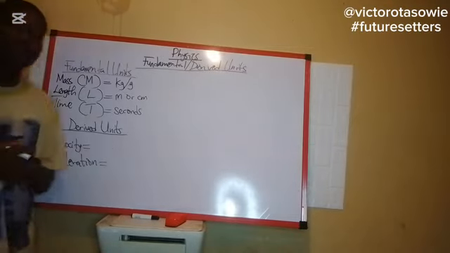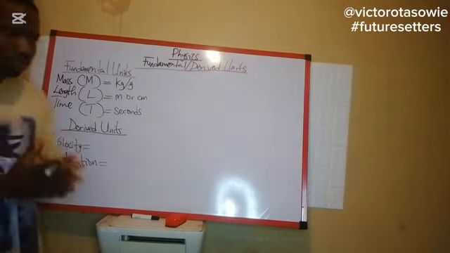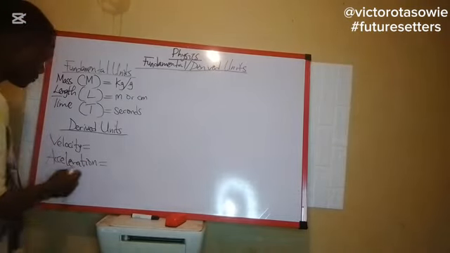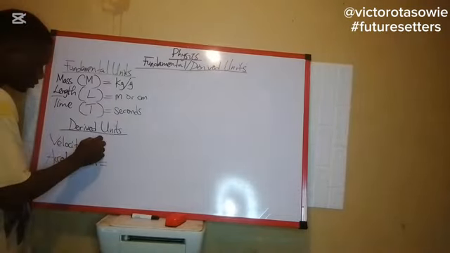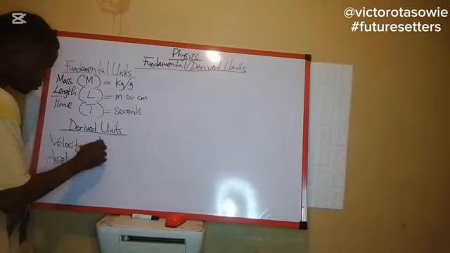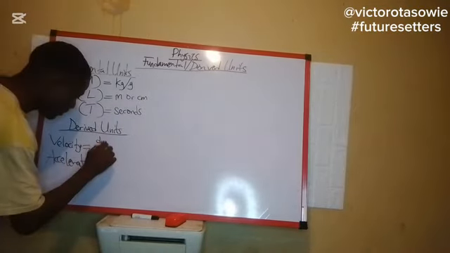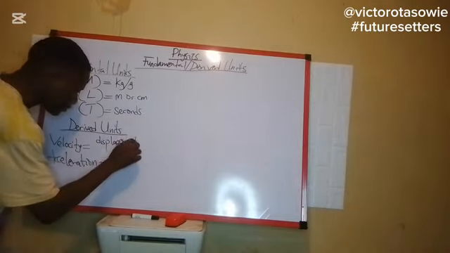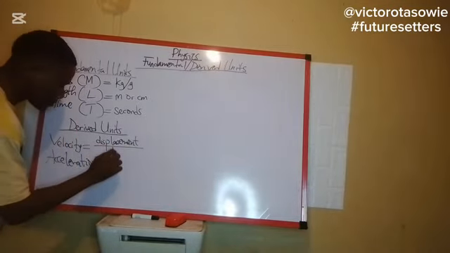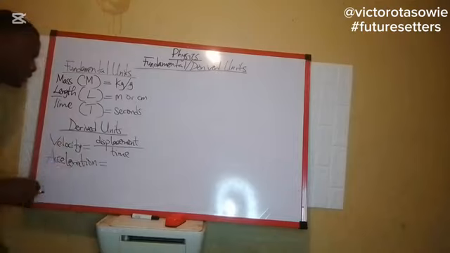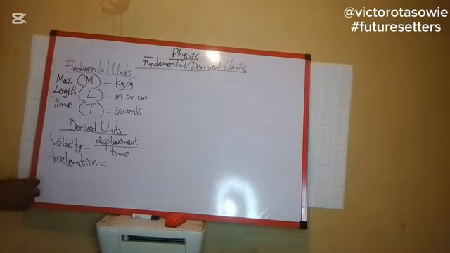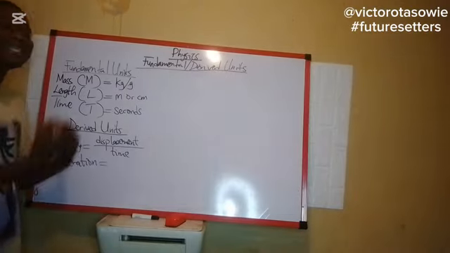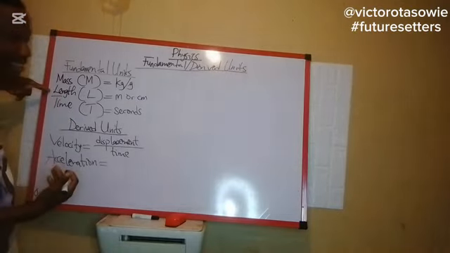What is the formula for velocity? Today we are going to deal with some of these formulas. First one, velocity is equal to displacement over time. That's the formula for velocity. The way I usually tell my students, displacement is a form of length.